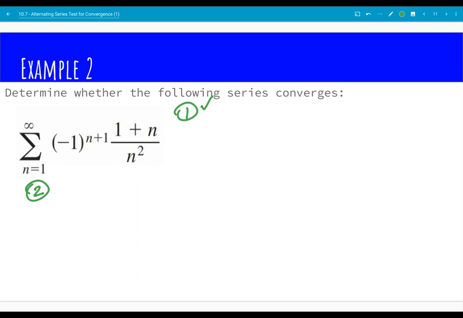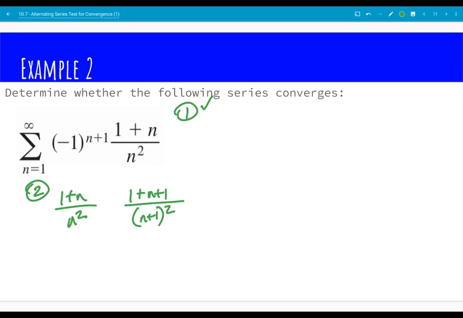Second condition, we want to show that the nth term, absolute value of the nth term, so I'm leaving off the -1 to the n plus 1, we want to show that's greater than the n plus first term. So 1 plus n plus 1 over n plus 1 quantity squared. Now, notice on this one that the numerator and the denominator are both bigger.